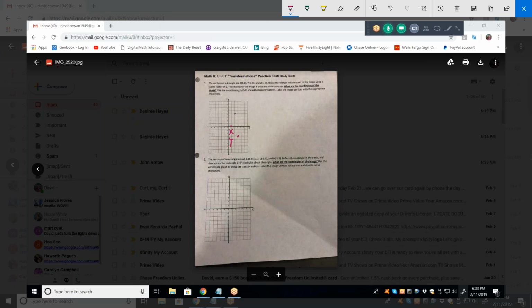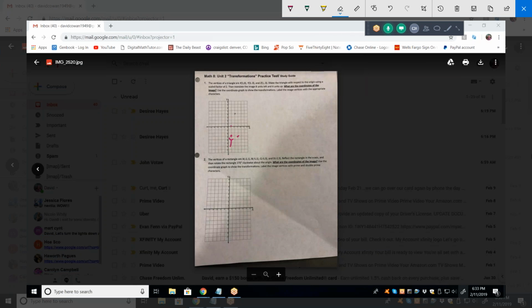It's positive 1, -3. So the dot goes right between the X and the Y. Right there. And that's 1, -3.